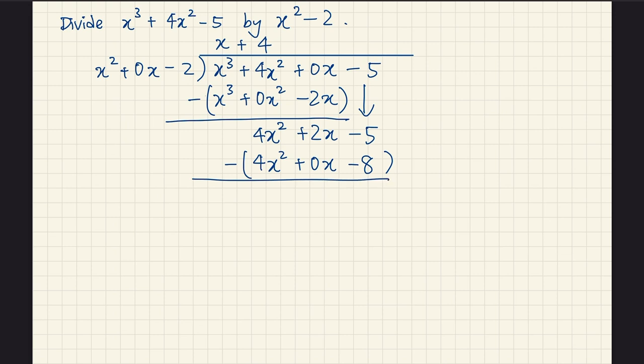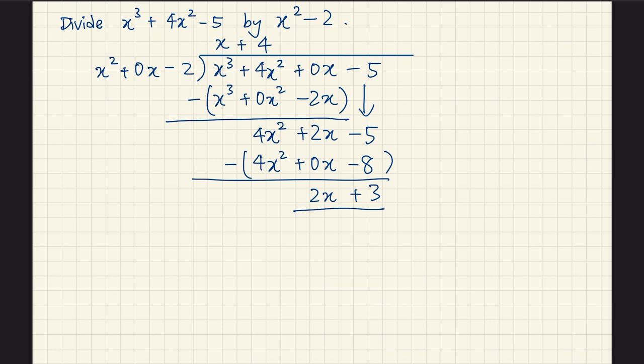Alright, and then here we go. So we have 4x squared minus 4x squared be gone, and then we have 2x minus 0x will be 2x, and then negative 5 minus negative 8 will be negative 5 plus 8, which is plus 3. So therefore we're done.